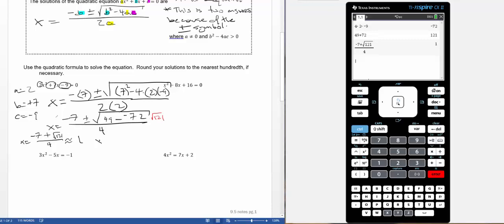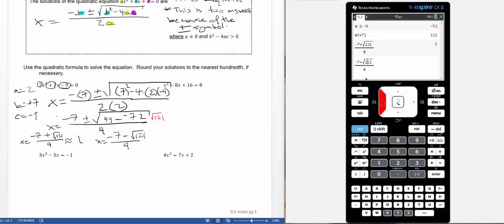I think the other answer I get is x equals minus 7 minus the square root of 121 over 4. And again, you could probably do this in your head a little bit simpler because the square root of 121 is 11. But I will do the same thing. If you have your Inspire downloaded or you have it in your handheld, you can quickly change what you just typed. The only thing I need to do is change this adding sign to a minus sign. So I just hit up twice to highlight what I previously typed, and I hit enter, and it lets me edit what I just had.